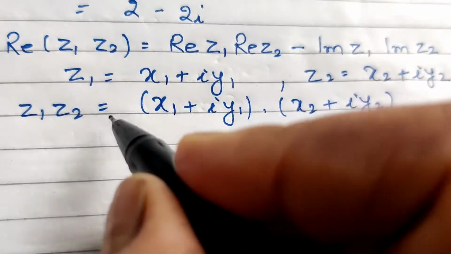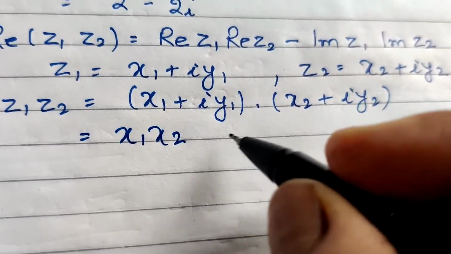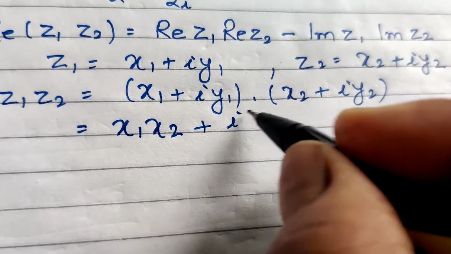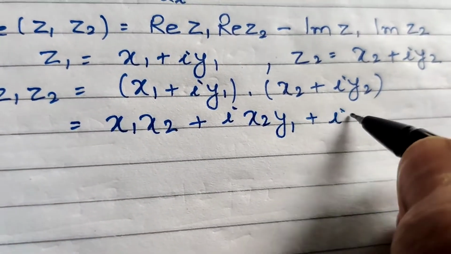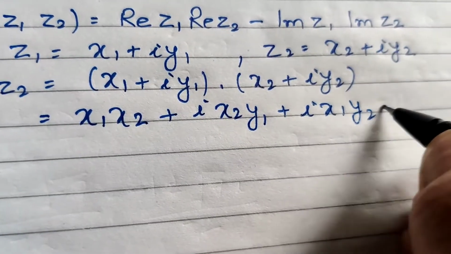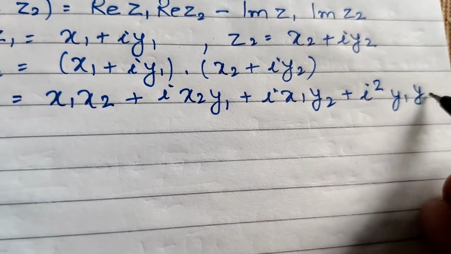Now the simple product like binomial: simple multiplication of two binomials. x1 x2 plus i x1 y2 plus i x2 y1.